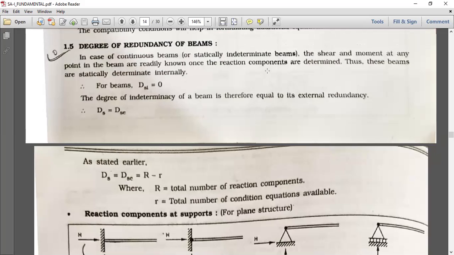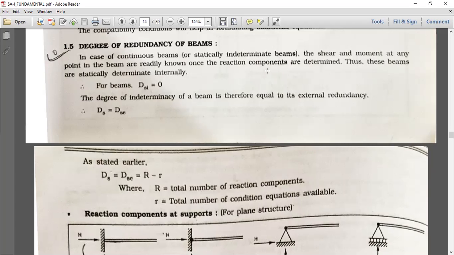In case of continuous beam or statically indeterminate beam, the shear and moment at any point in the beam are readily known once the reaction components are determined. Thus, these beams are statically determinate internally.